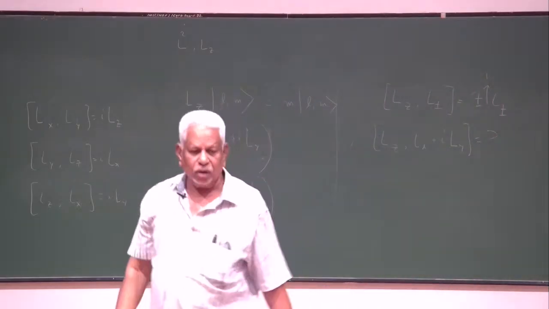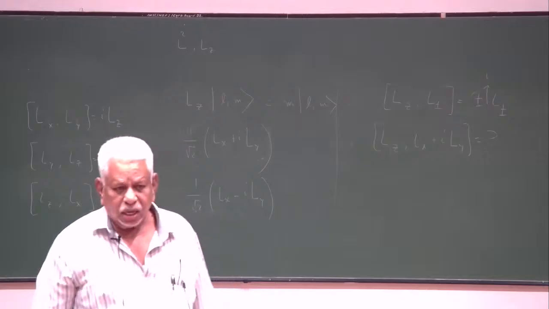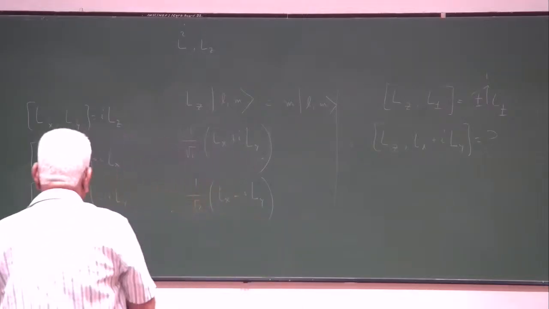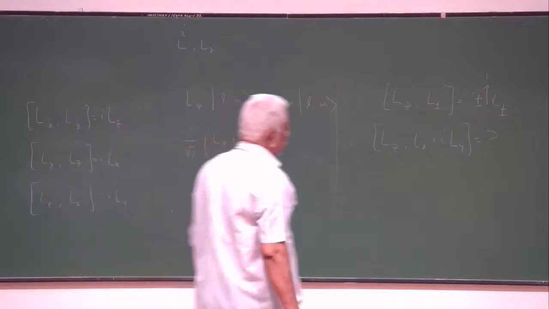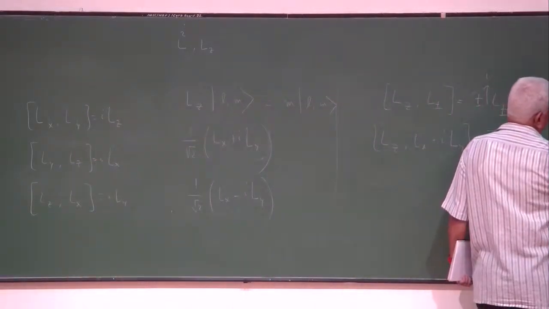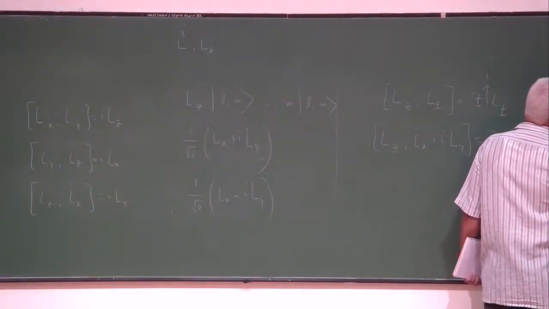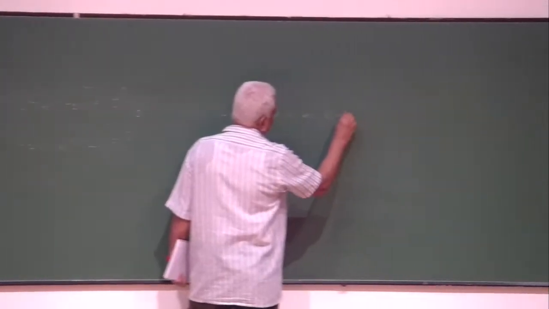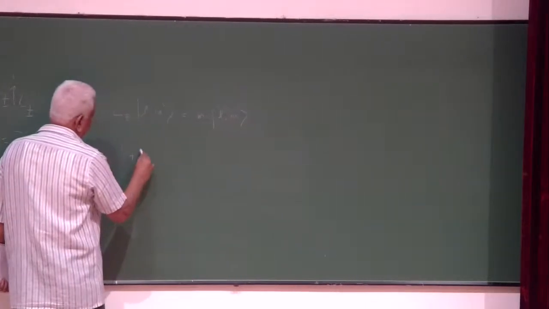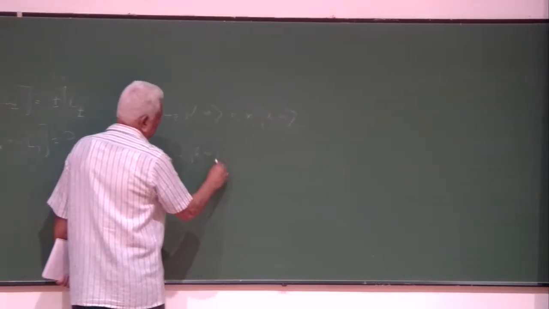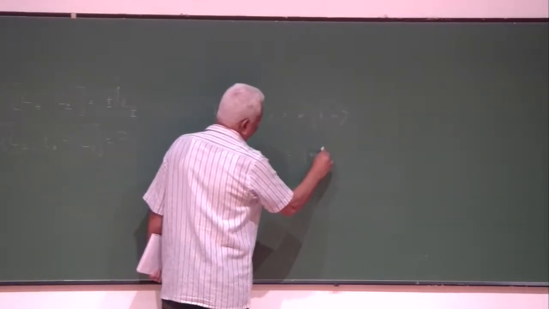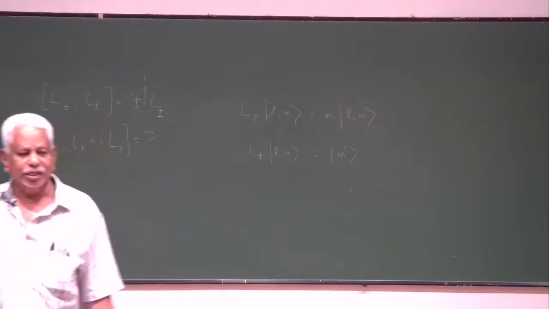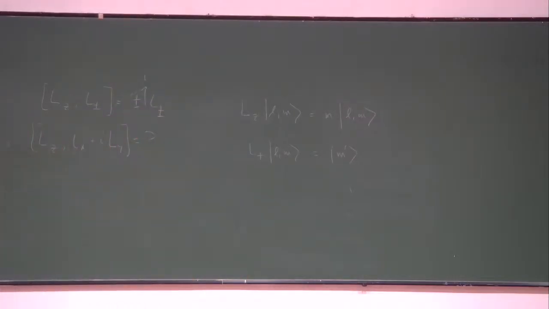Now, the interesting result is, if you have a state with m, Lz with Lm is m times Lm. Now, you can ask L plus acting on Lm will give me a new state m prime, because it is not an eigenstate of Lz, right?